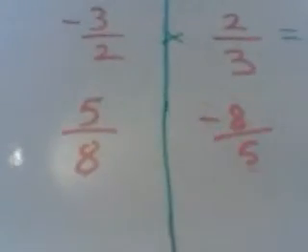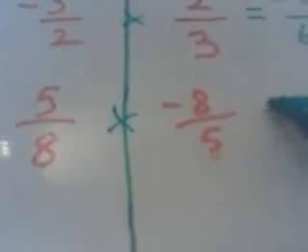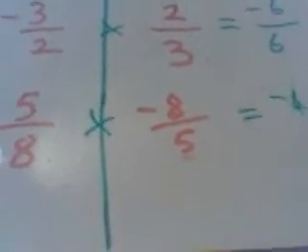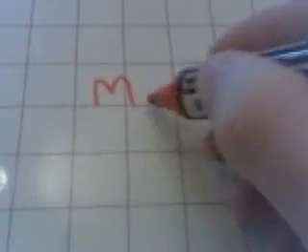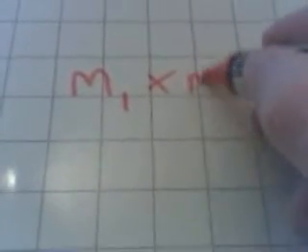Here's another one. 5 times -8 is -40, over 40 is -1. Which brings us to a result that you should be able to quote. So, if two lines are perpendicular, then M1 times M2 is always -1.